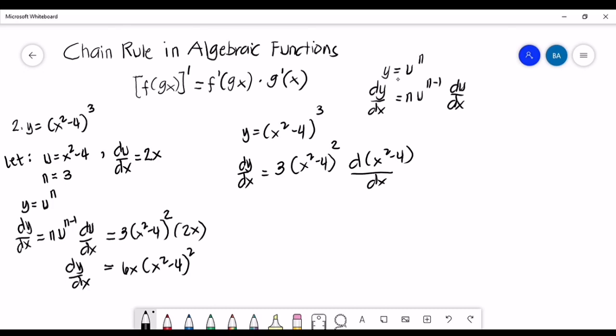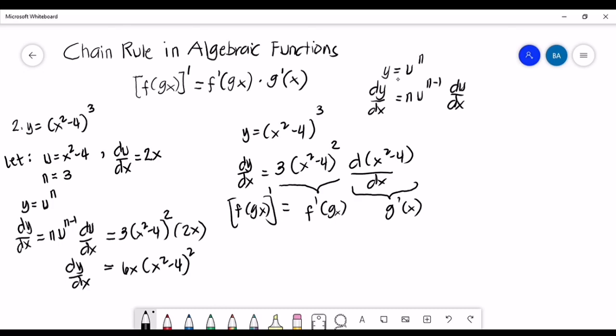Now it falls under the chain rule: this is our f of g(x) prime, this is our f prime of g(x), and this is the derivative of g(x).